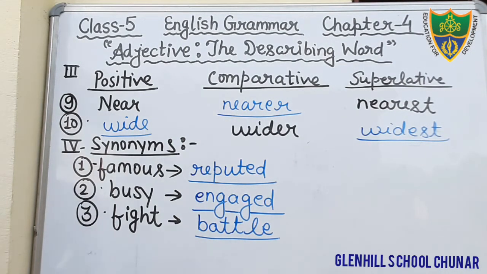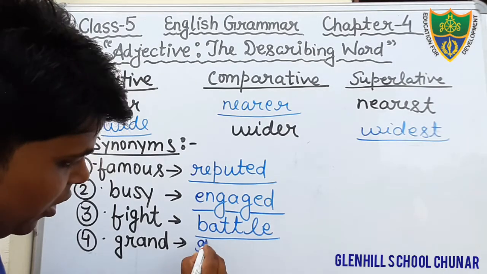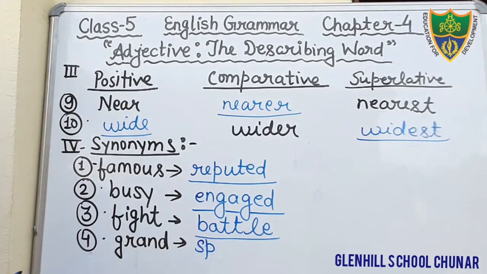Question number 4. You will see the question number 4. What is question number 4? Grand. Sorry. Is given grand. And you have to write the synonym for the word grand. Grand means splendid. Okay?